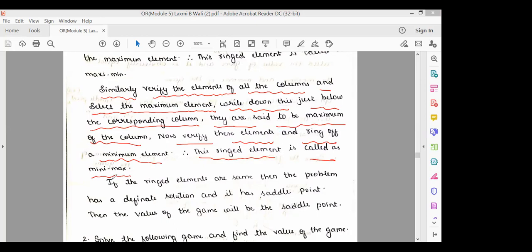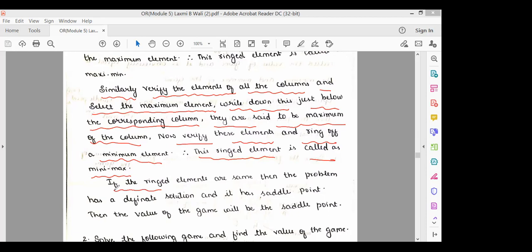So among the rows, identify the minimum element, and among those minimum elements, round off the maximum. Similarly, in the columns, verify the maximum element, and among the maximum elements of the columns, identify the minimum and round it off. That is called the minimax.